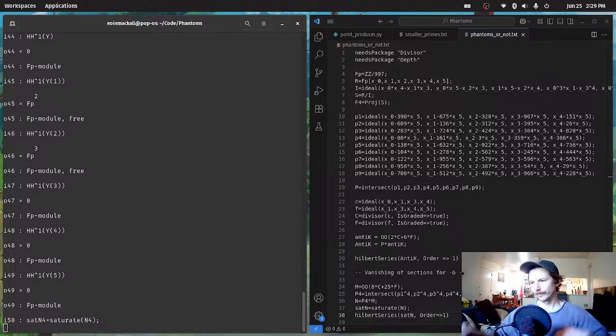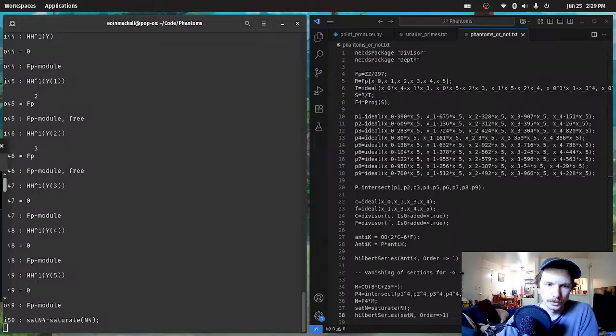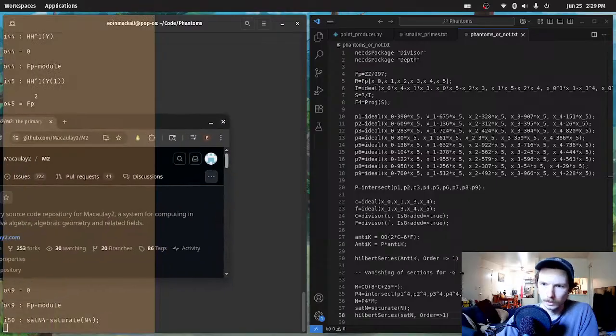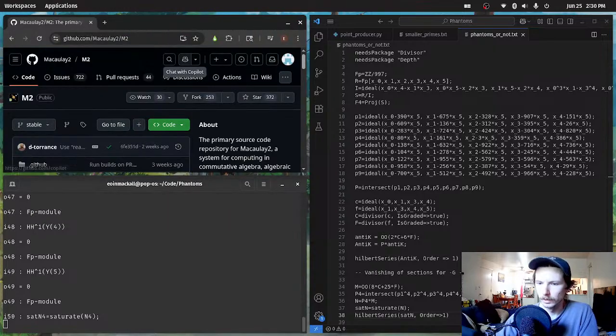All right. So, maybe we just look for the source code for this function.